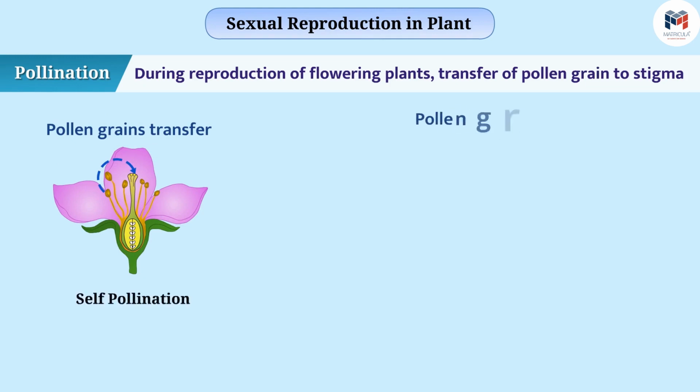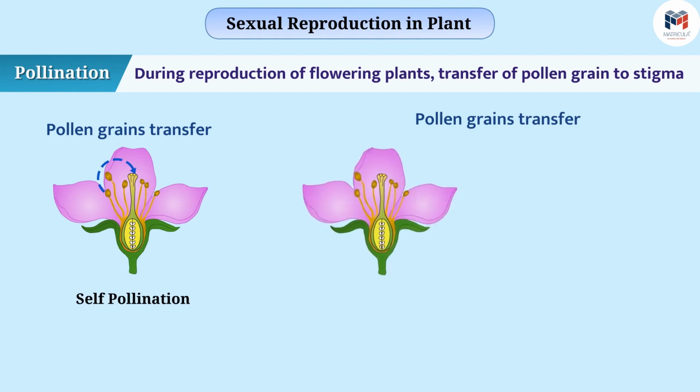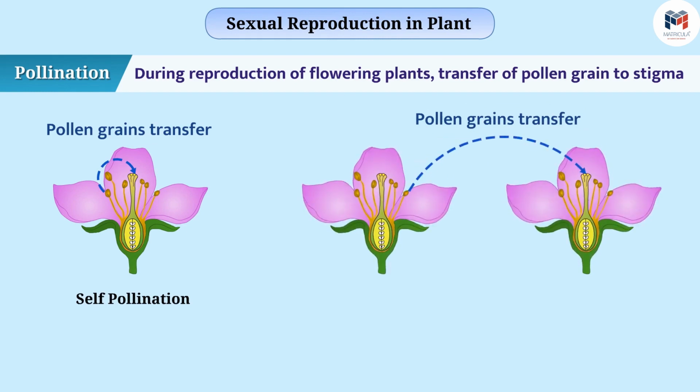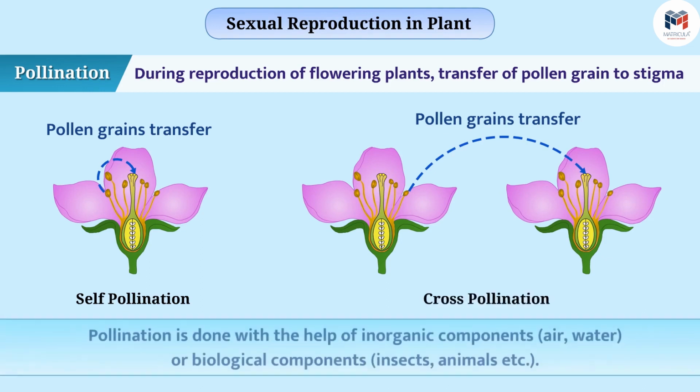When pollen grain is transferred from the anther of one flower to the stigma of another flower, it is called cross-pollination. Pollination is done with the help of inorganic components such as air, water, or biological components such as insects, animals, etc.